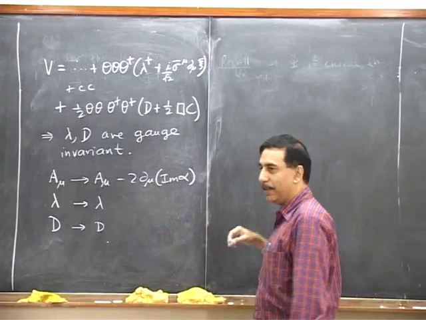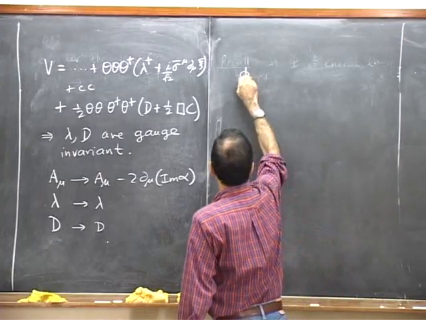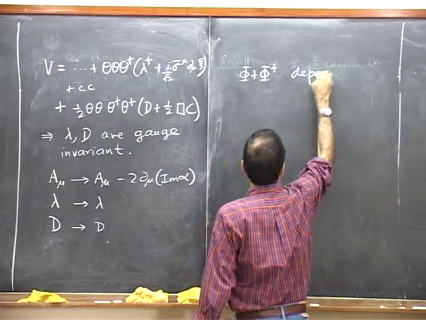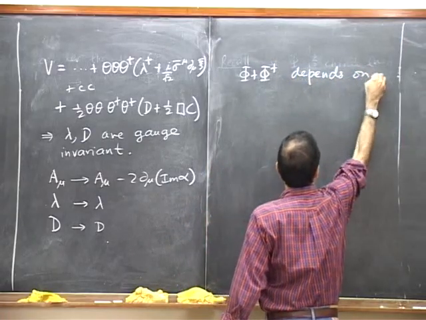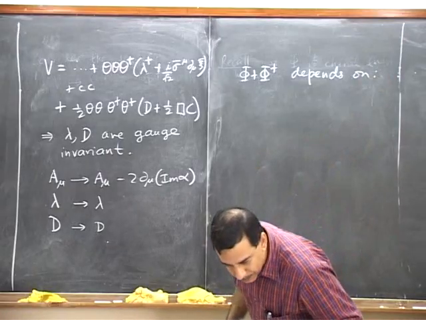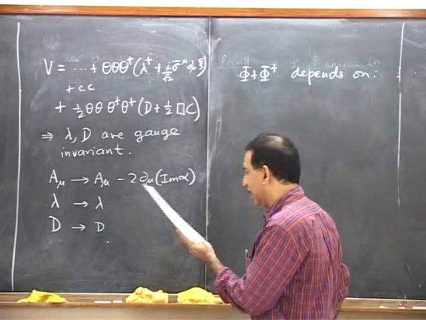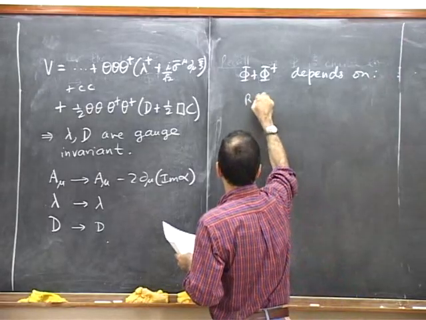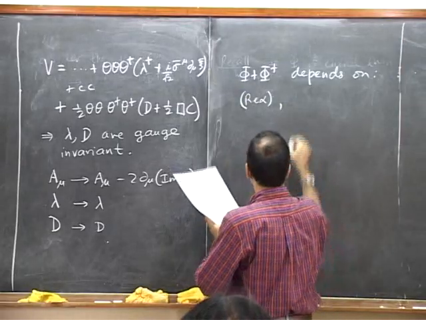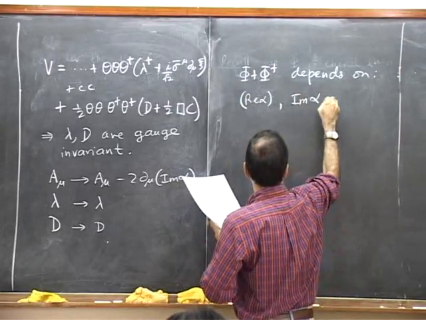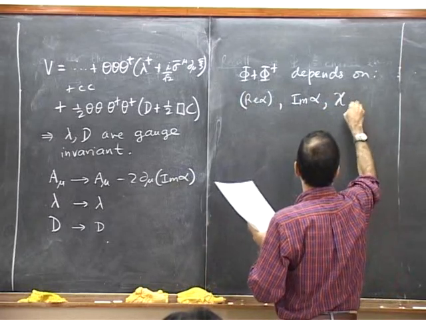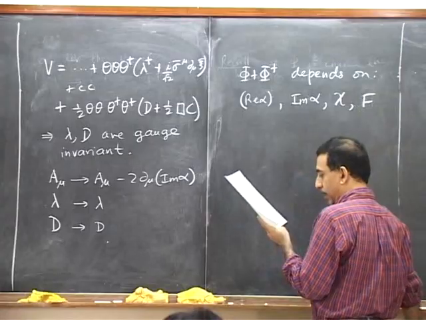Now the parameter phi plus phi dagger depends on, let's list all the independent fields it depends on. I don't want to rewrite the expansion of it, just list all the parameters it contains. It contains real alpha, which is one independent parameter, and it contains imaginary alpha, which is the second one, and then it contains chi and F, and their conjugates, and nothing else.